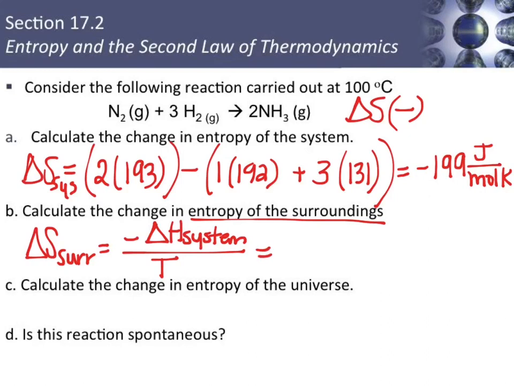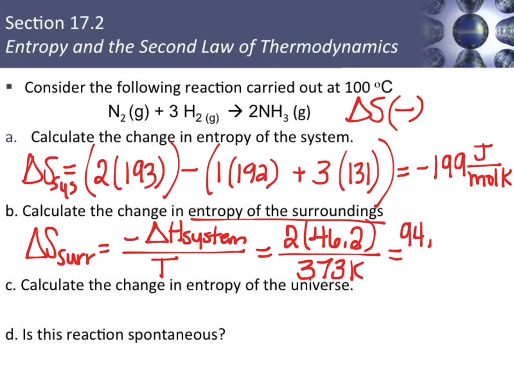So go find the H for NH3, and we have 2 of them. And we're going to divide it by the temperature in Kelvin, which would be 373. So we have positive 94.2 divided by 373.